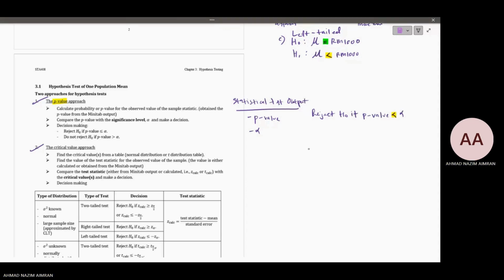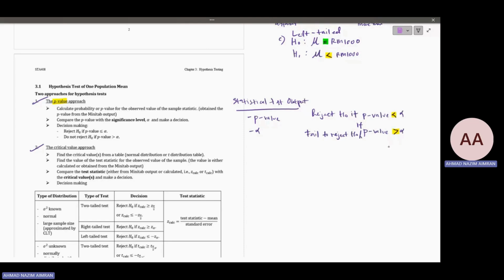And if the p-value is greater than alpha, then we fail to reject H null. If p-value less than alpha, reject H null. If p-value is greater than alpha, fail to reject H null.